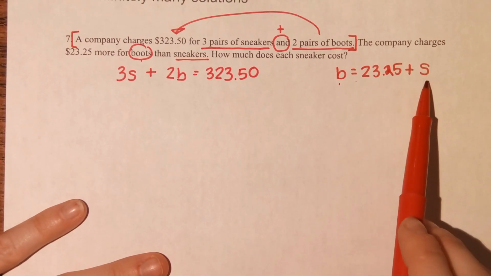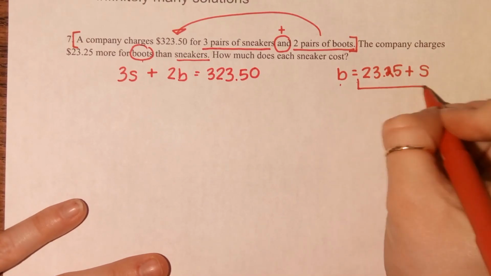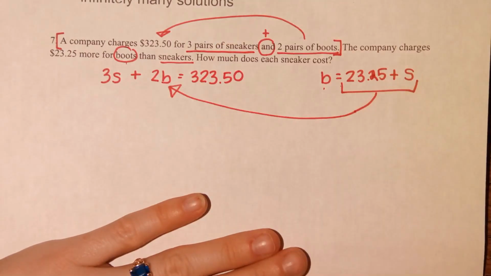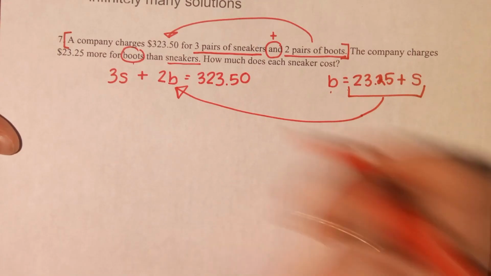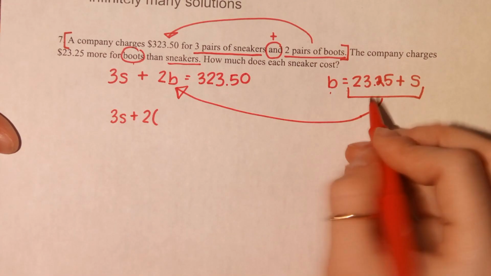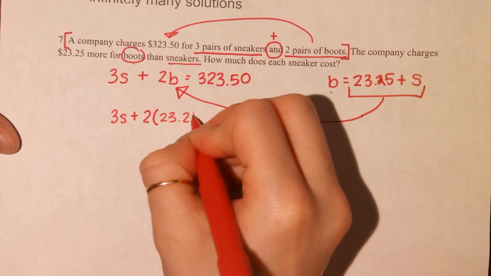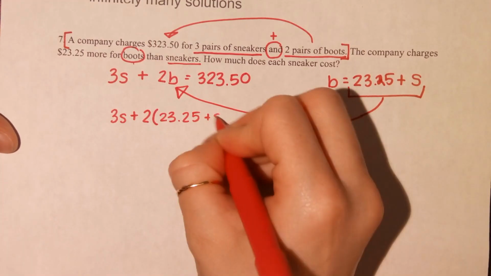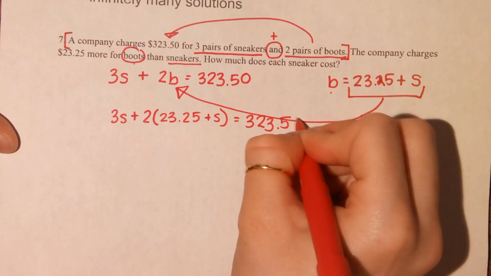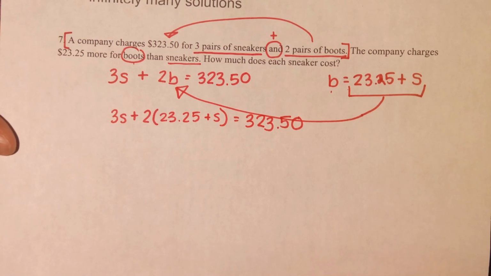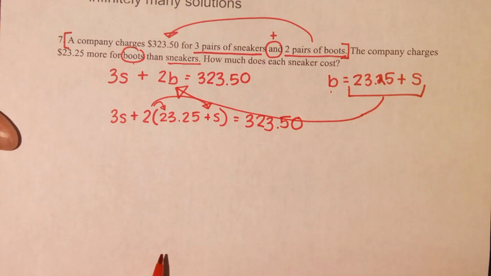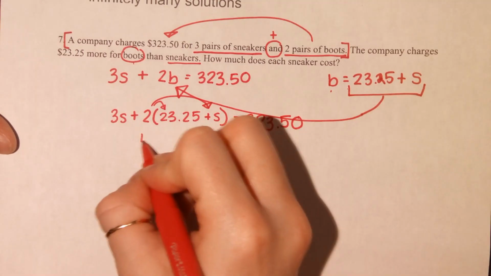Let's do it. We have 3s plus 2 times our 23.25 plus s equals 323.50. Now, let's distribute. 2 times 23.25 is 46.50 plus our 2 times s, which is 2s, and then we just carry down our 3s here.